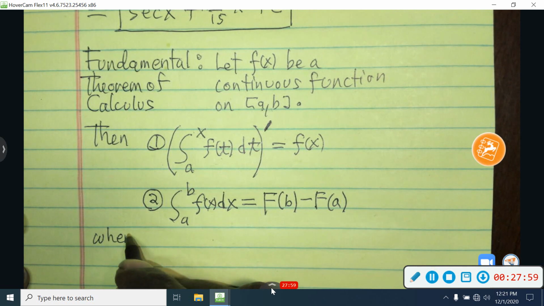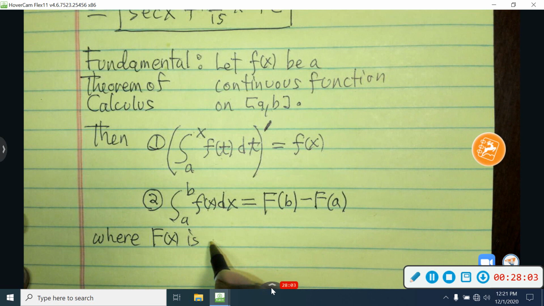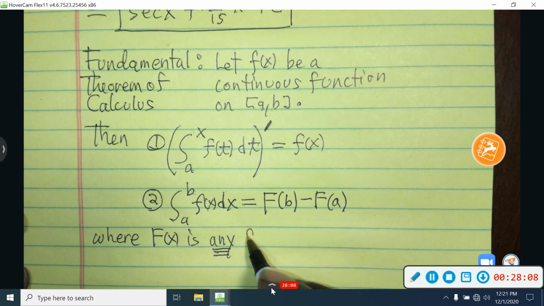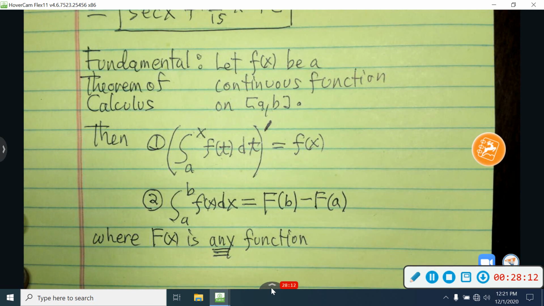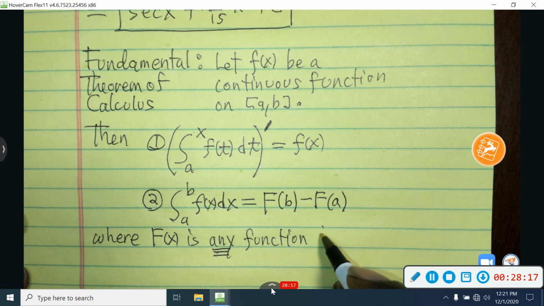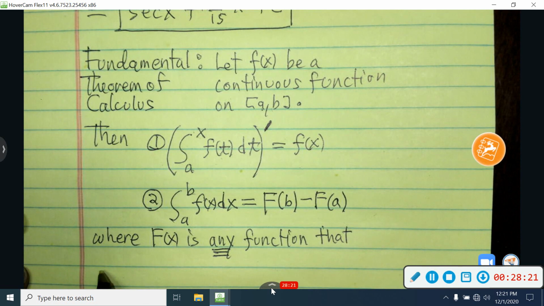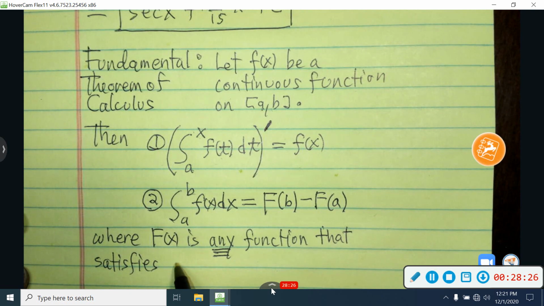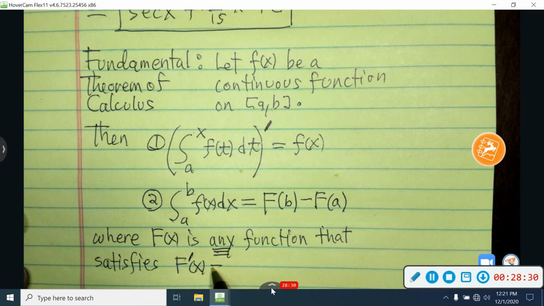Where capital F of x is any, I repeat, any function that differentiates to be f, little f, that satisfies the equation. When you take the derivative of it, you get little f.